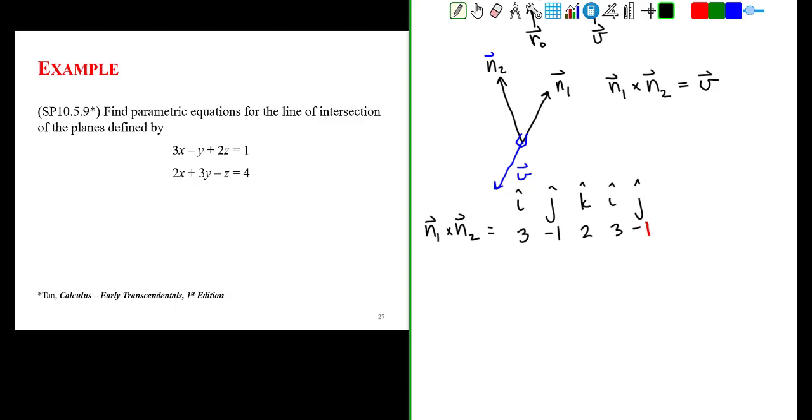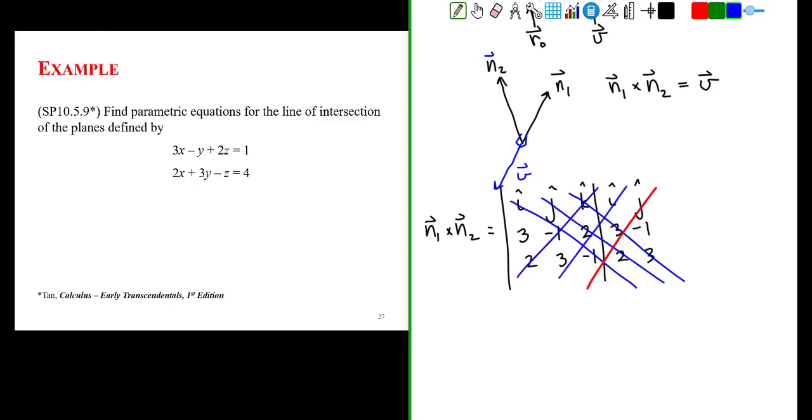The third row is formed from the components of the normal vector of our second plane, which has components 2, 3, minus 1, and let's repeat 2 and 3. This is our matrix. To evaluate it, I am going to take the products along one diagonal and subtract the products along the other diagonal.